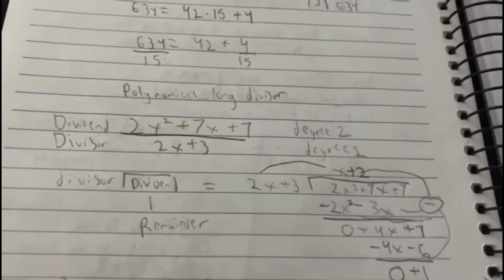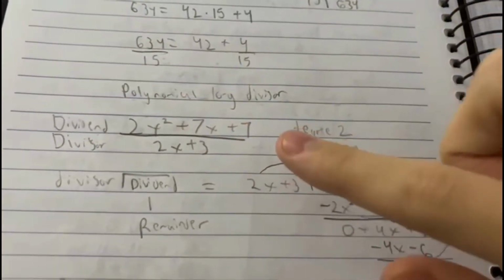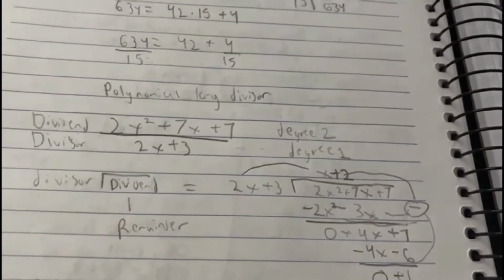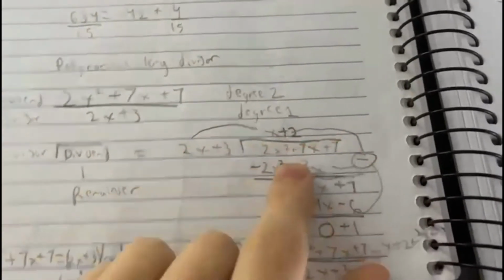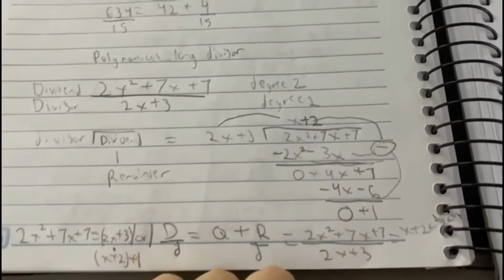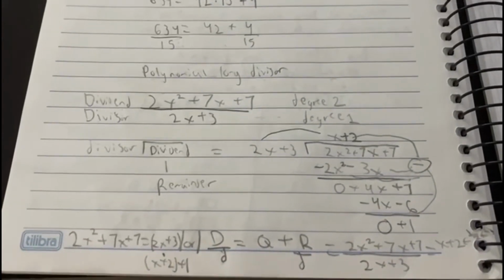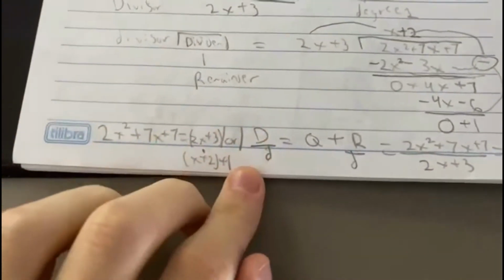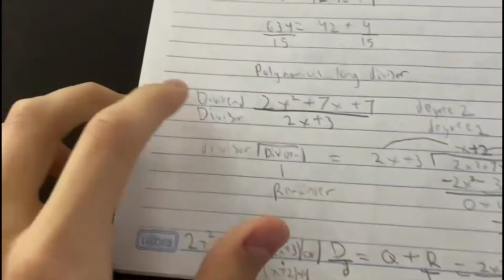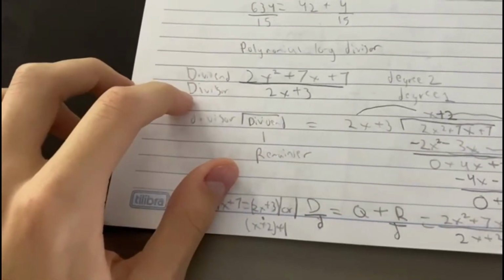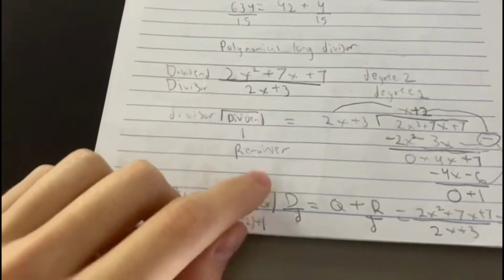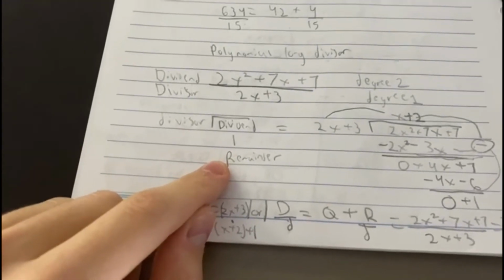This is how it is formatted as the simple form, not the long division form. And this is how you write it in a long division form, okay? So it's basically the division between the two polynomials. This is how you structure the answer. So as you can see, this is the dividend, this is the divisor, and there is also a remainder, okay?